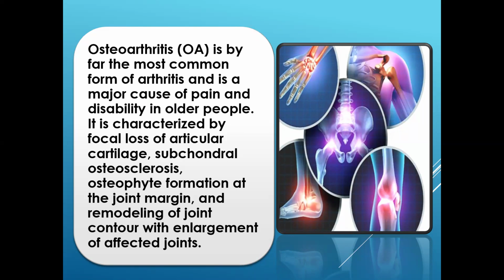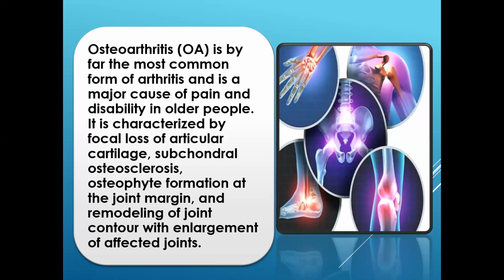What all this is saying is that osteoarthritis is an inflammatory condition, like we said, and it leads to the degradation, that is the destruction, of the articular surface, such as those cartilages on the surface that allow free movement in the joint.